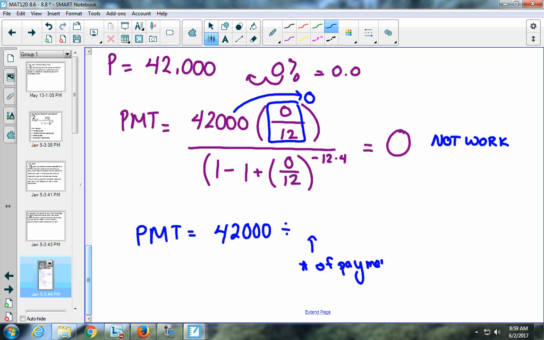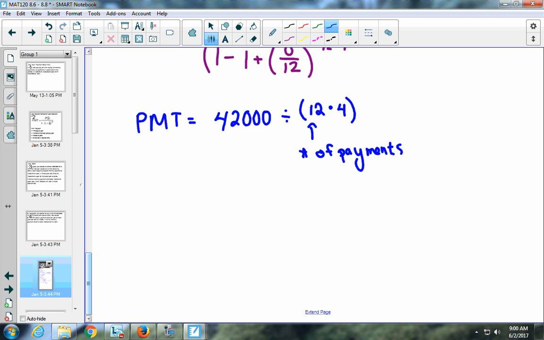The way we find our number of payments is by doing the number of payments per year, so 12 because we're paying monthly, times the number of years. That means we need to do our $42,000 divided by 48, our 12 times 4. If we do that, we find that the payment in this case is $875.